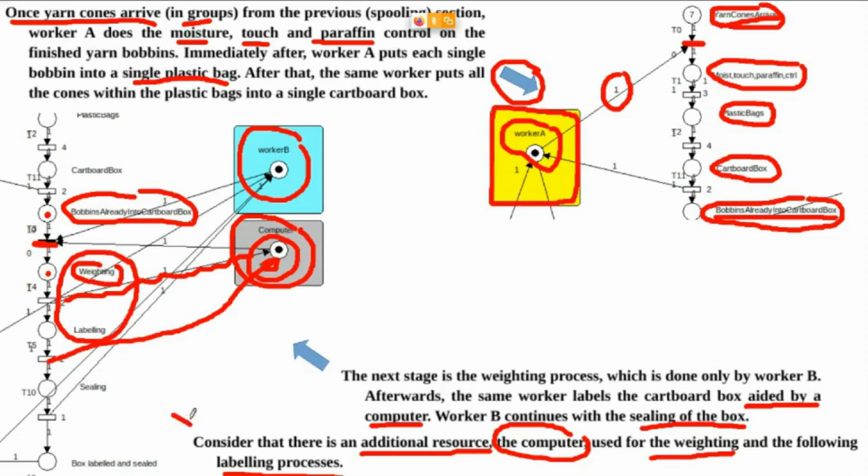So this is a final modification on the model. The first model has the computer delivered back from the weighing procedure. But the final modification is what I am expected to do if I consider that this additional resource, the computer, is used for the weighing and also for the following leveling process. So this arc will be moved to the leveling.